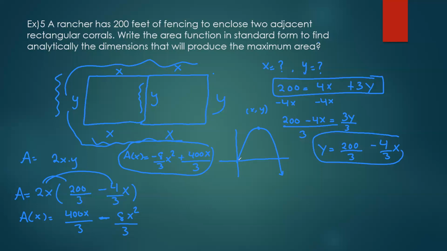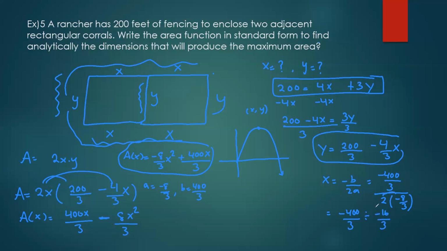Right, so let's find that. To find the x value, we have to use the formula x equals opposite b over 2a, because it is in standard form. So our a value is negative 8/3, and my b value is 400 over 3, right? So opposite of b is negative 400 over 3, divided by 2 times a, which is negative 8/3. So this is going to be negative 400 over 3 divided by 2 times negative 8, which is negative 16 over 3, right?